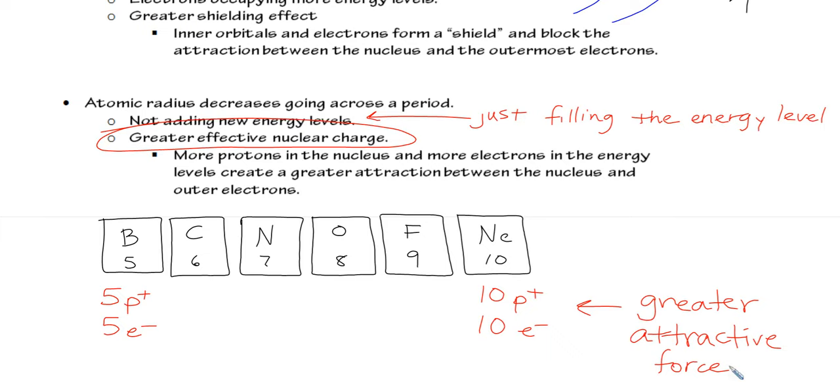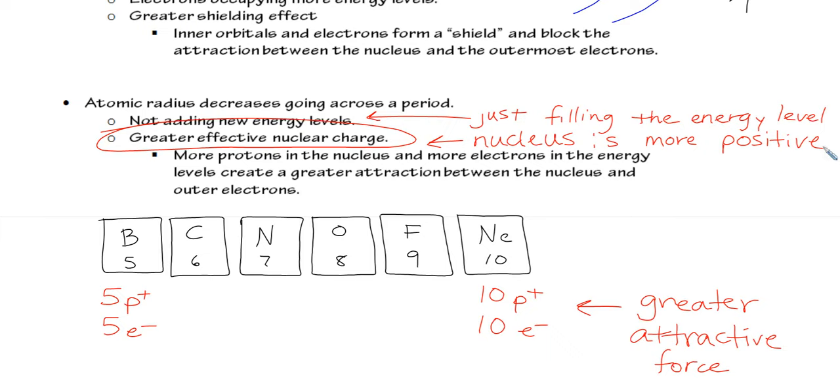So if there's a greater attraction, atoms get smaller. It's like stronger magnets in neon versus boron. So I've got to think about that. Greater effective nuclear charge kind of means that the nucleus is more positive, and it has a greater attraction for the existing electrons.